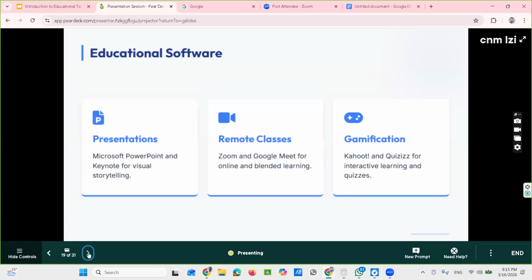Essential educational software. Right. Again, this educational software you can identify in three categories: presentation software, remote classes, and gamification. Right? These are the main areas you are doing in the classroom. You are doing presentation. Right? If you want to create your presentation digitally, then you can use one of the applications mentioned there: Microsoft PowerPoint, Keynote, or visual storytelling.